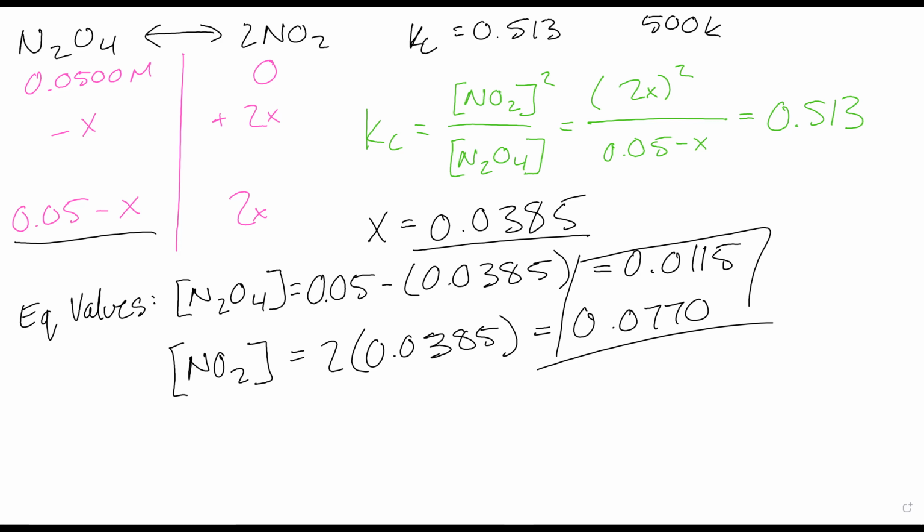Wait, never mind. I think it's because I didn't put the parentheses around the 2x squared. Yeah, that sometimes does it. Here, let me check it again just to see if I messed up. Yeah, I'm getting the 0.0385.